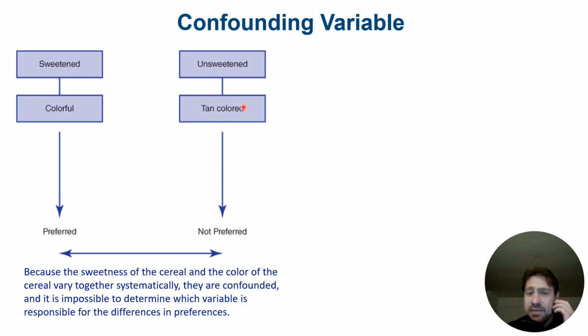So here we have this extraneous variable, box color, that differs systematically between your conditions. And in the context of the study, it can be considered a confound because maybe the preference that you measure is a consequence of the color of the boxes as opposed to the taste of the cereal.